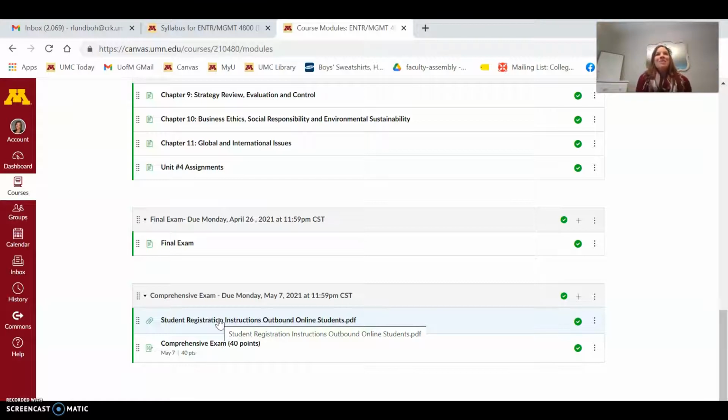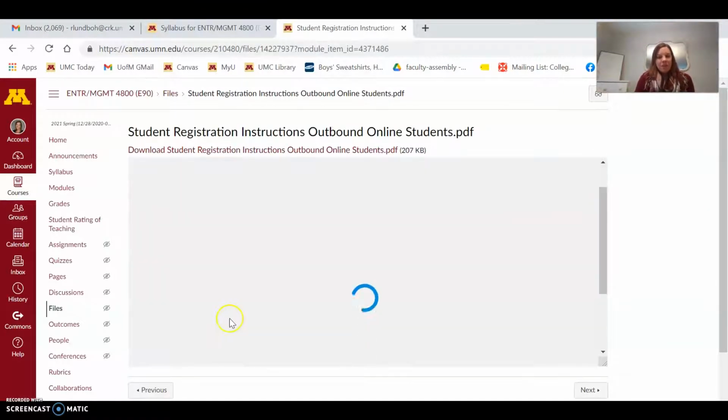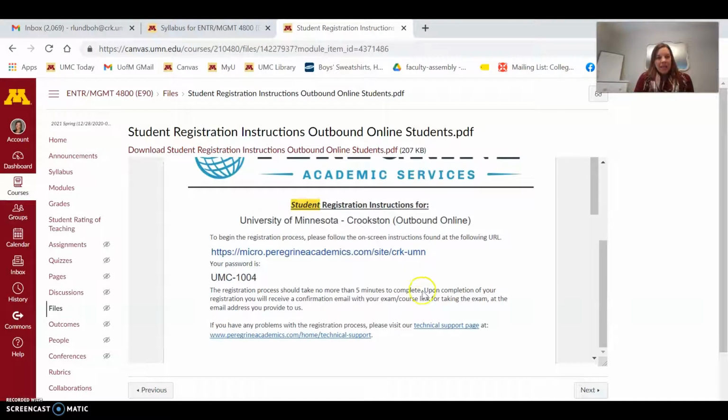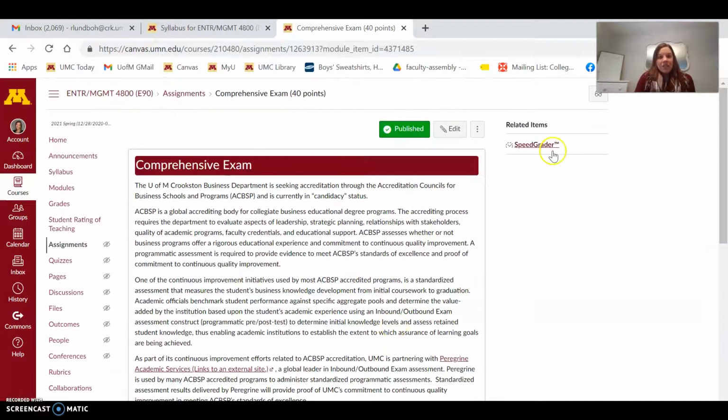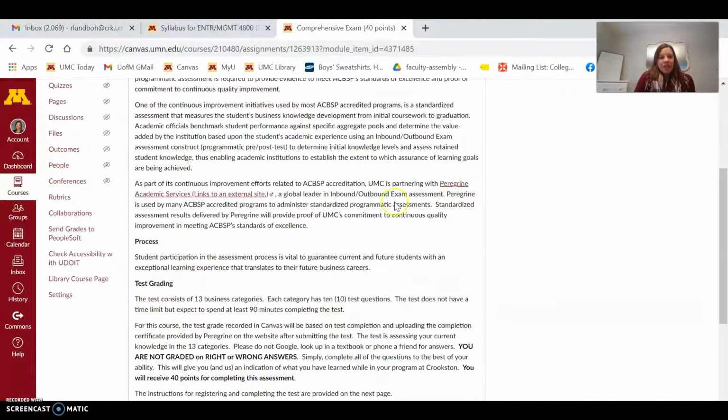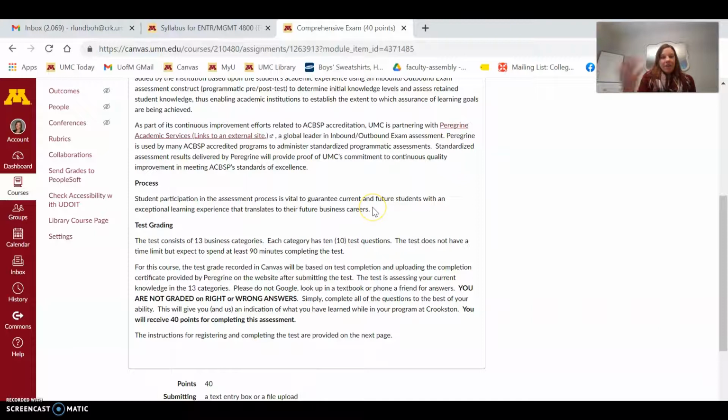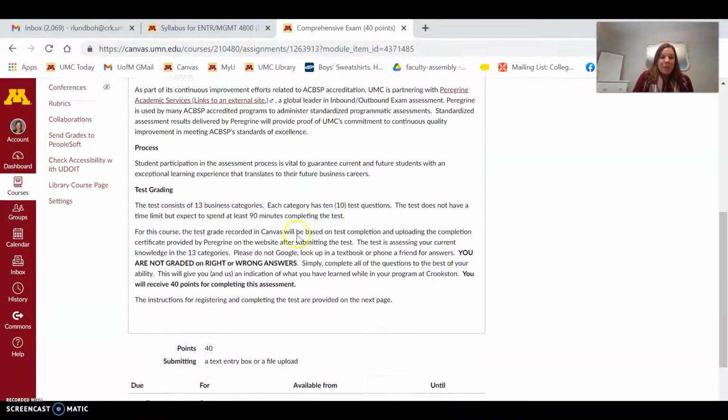So just be aware of that. So here's the instructions for doing so. And then once you've taken it, you just upload your completed exam here. They'll give you a little certificate that says you completed it, so you'll upload it there.